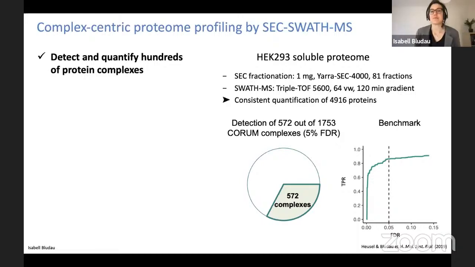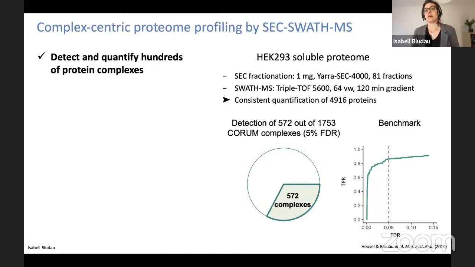Okay, so now I get to the actual data. The first proof of concept study we performed in a human HEK293 cell line, and here Moritz Heusel actually generated all of the data, or most of the data that I'm showing here today.